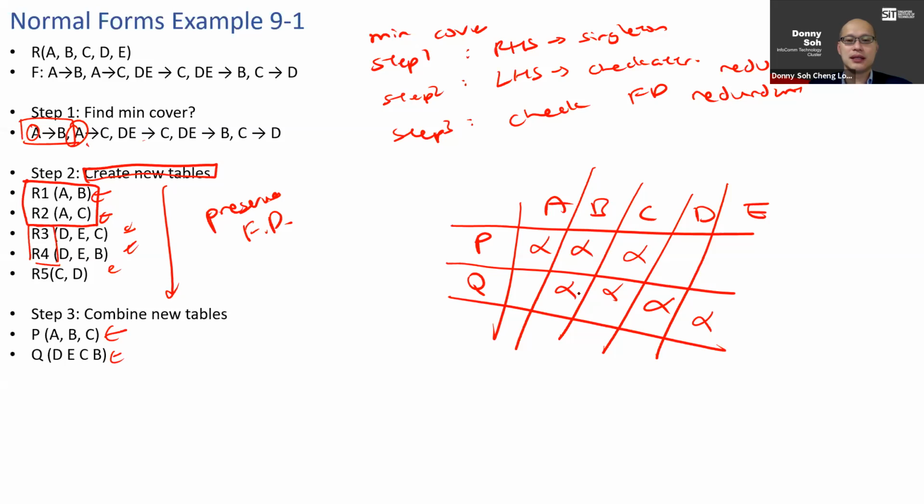So can you realize that, am I able to make this to be lossless? Let's check.